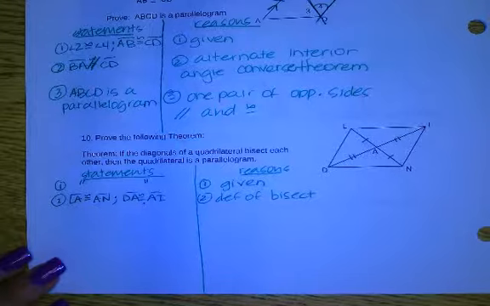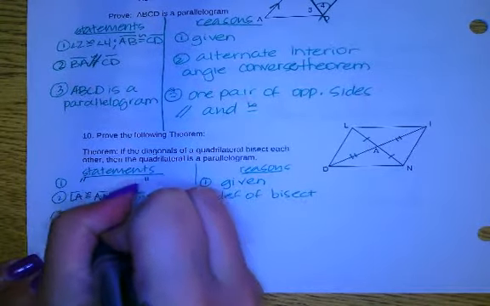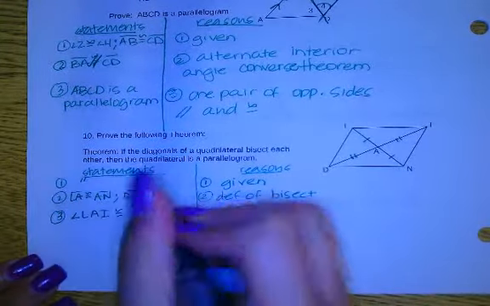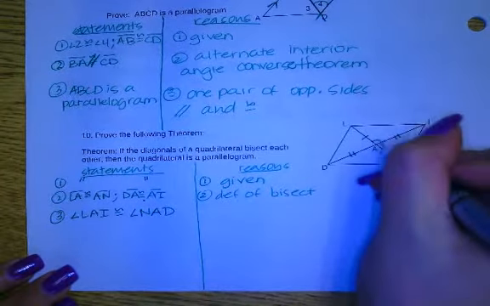SAS. We don't have any angles. Oh, it's vertical. Vertical angles. What vertical angles? LAI and NAD. LAI is congruent to NAD, yes, because of vertical angles. So the two triangles are congruent. There you go, James.